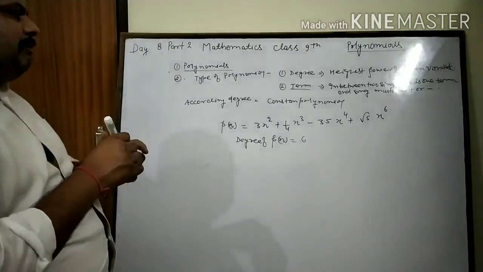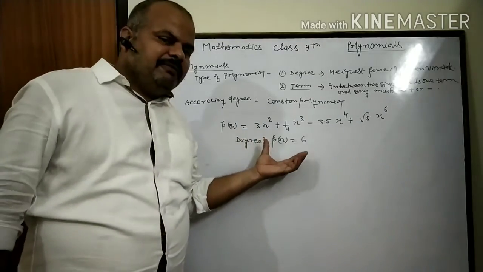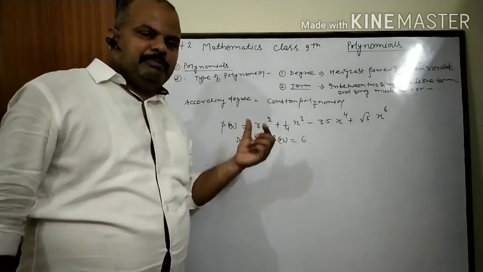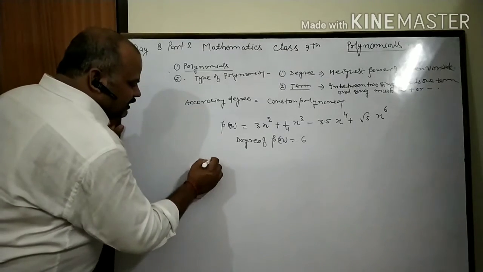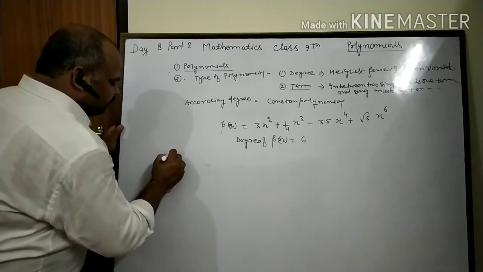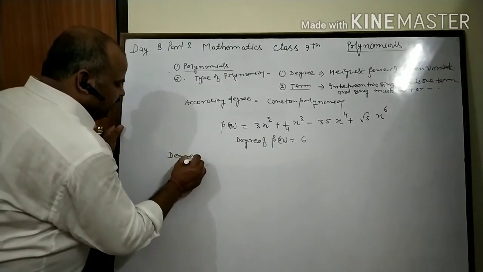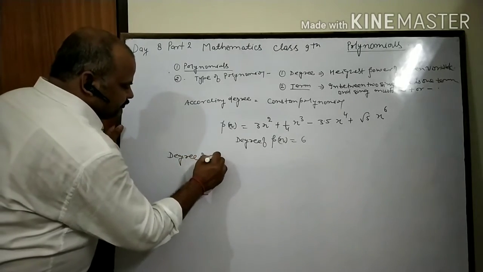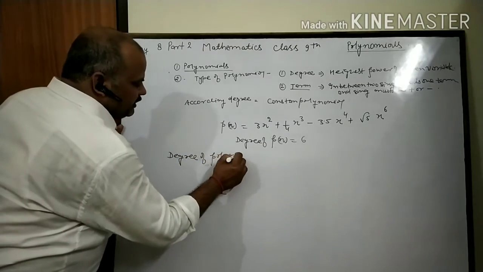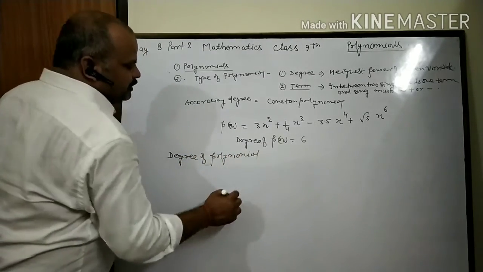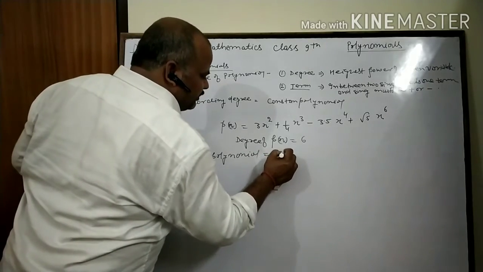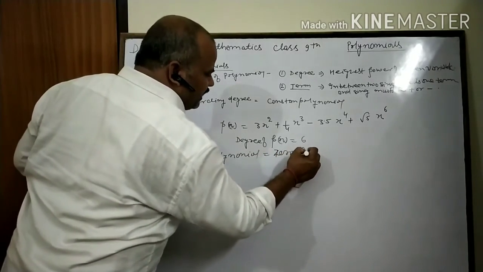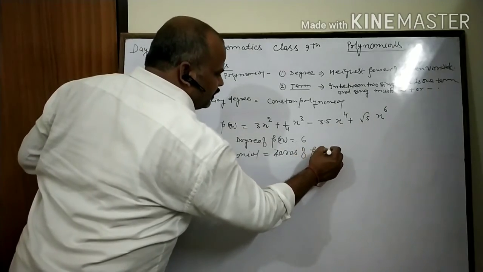On behalf of this degree, if you have 6 degree polynomial, that means degree of polynomial is equal to zeros of the polynomial.